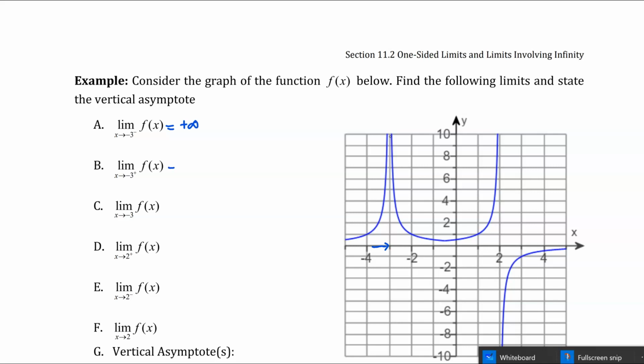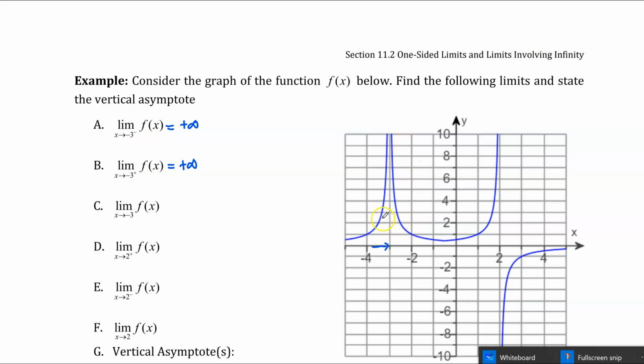And similarly, if you look at the limit of the function as x approaches negative 3 from the right, the function values approach this line here, and that continues to increase without bound. So that means this is also equal to positive infinity.